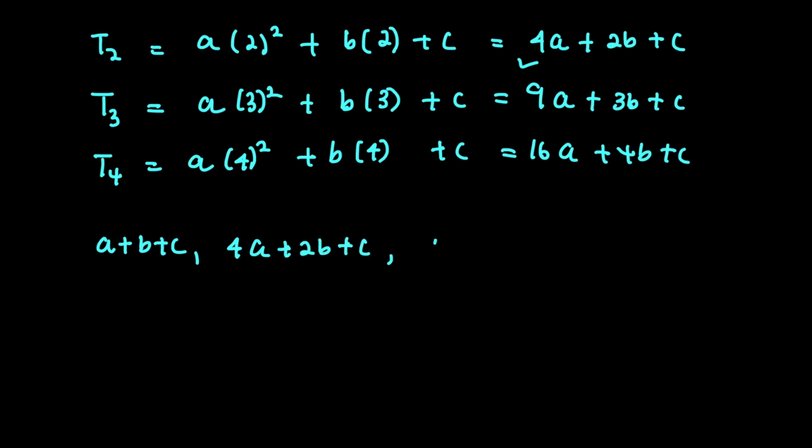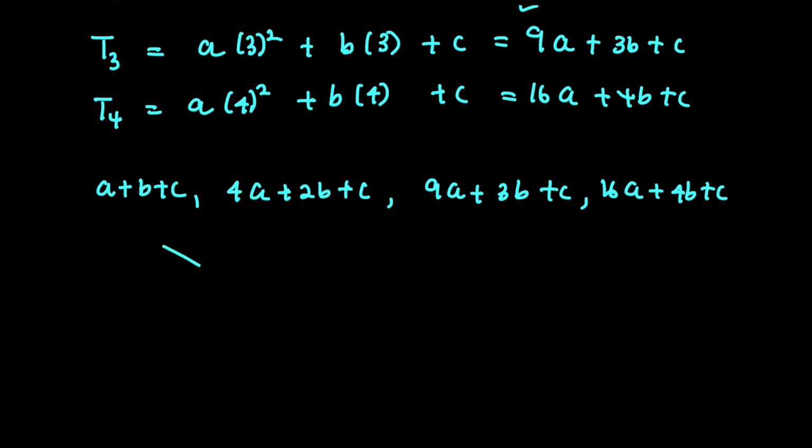The third term was 9a plus 3b plus c. Then the last term was 16a plus 4b plus c, right? So let's find the first difference right here.